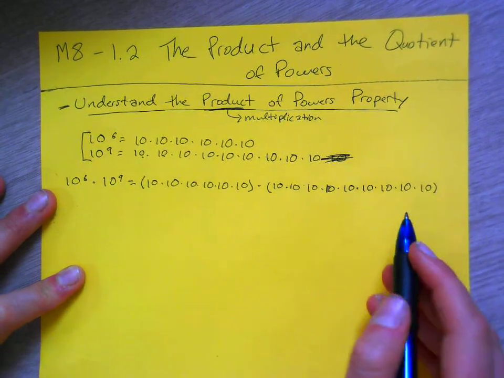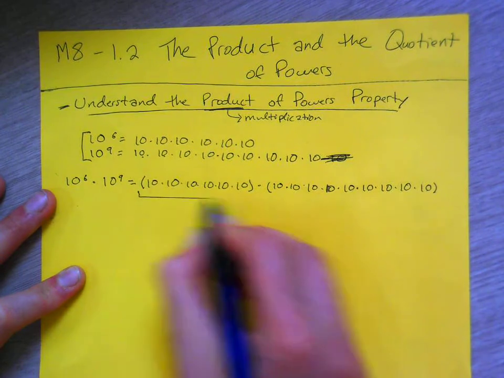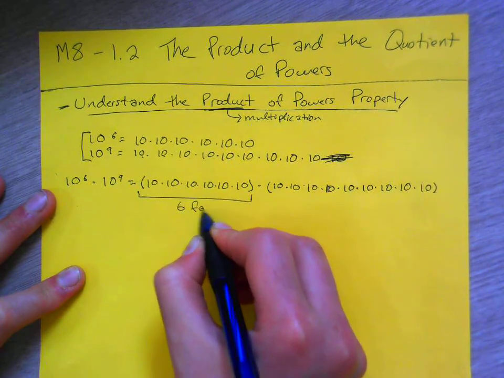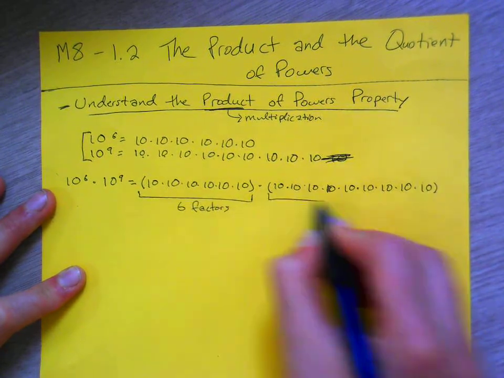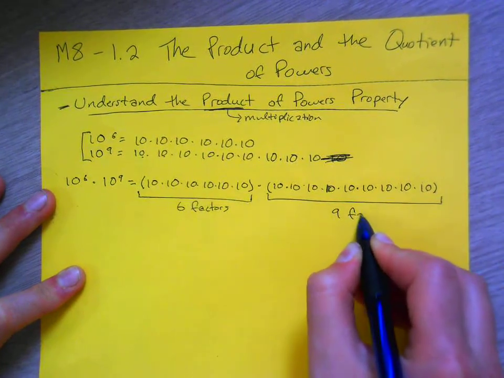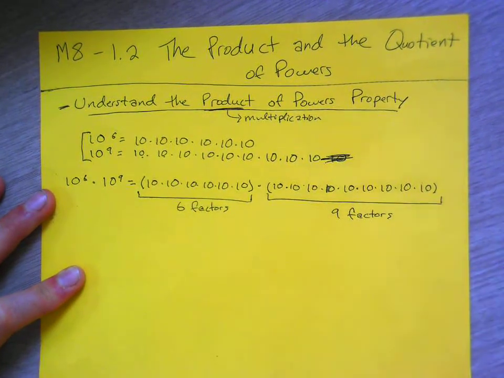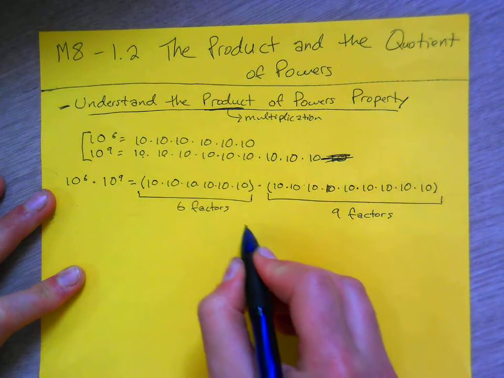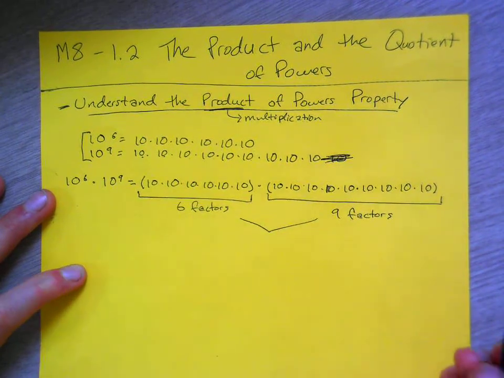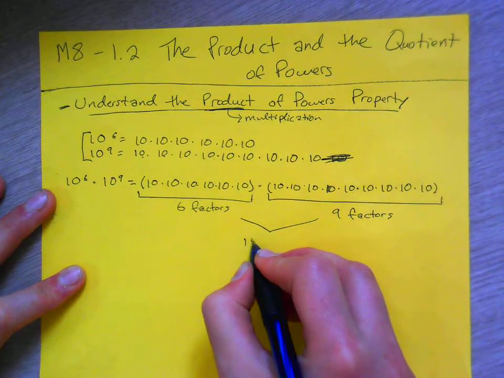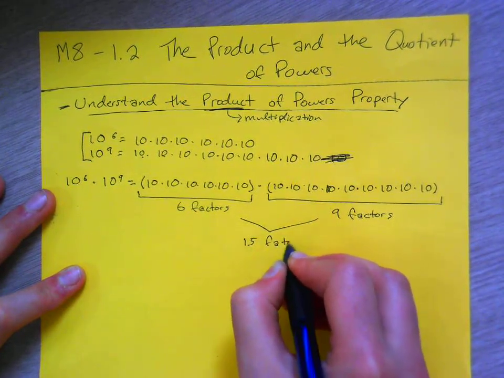Good. Now if we multiply these, we have 6 factors here and 9 factors here. What if we added those together? What would it equal? It would equal 15 factors.